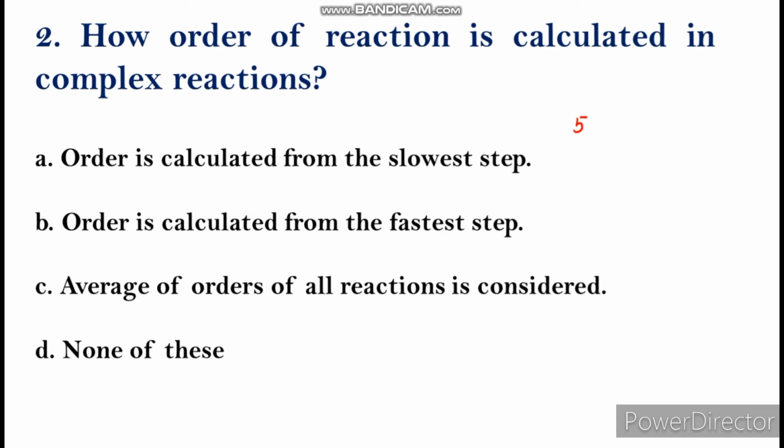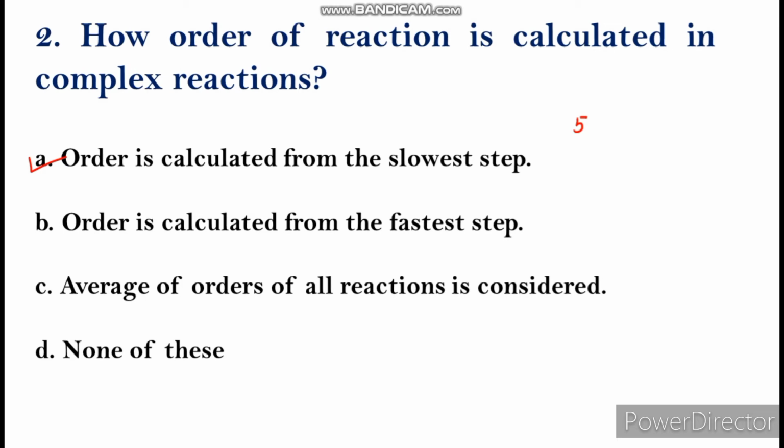It means the total, overall order depends on the person who is slow. So similarly, order is calculated from the slowest step, right? So which option? Option A, order is calculated from the slowest step.